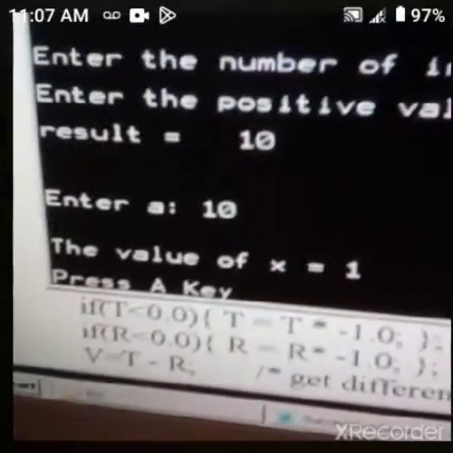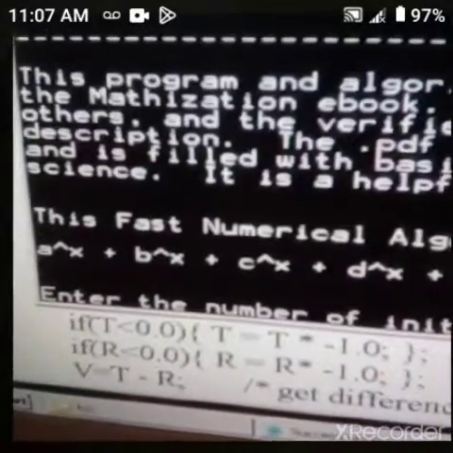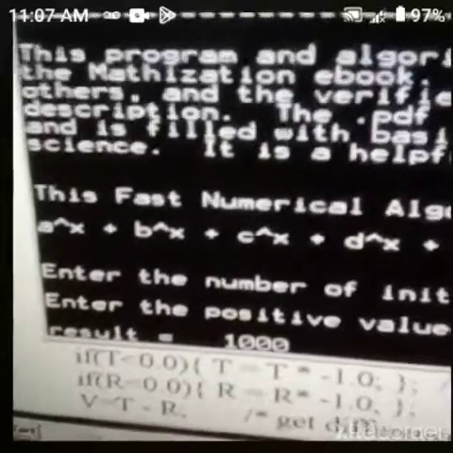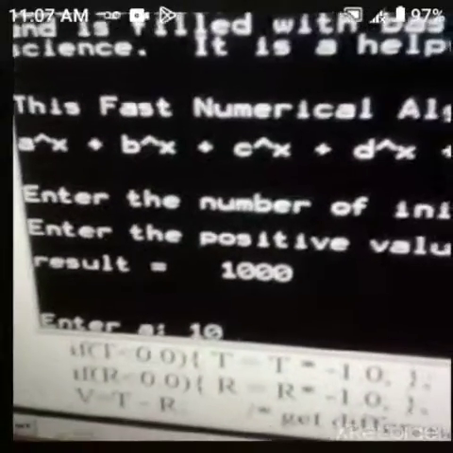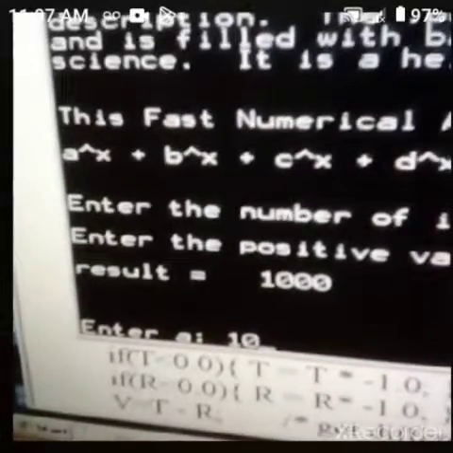How about enter the number of terms? 1 again. Try say 100 now, or 1,000, and say the base was 10. Of course, you can use any base you want, including E, 2.718.